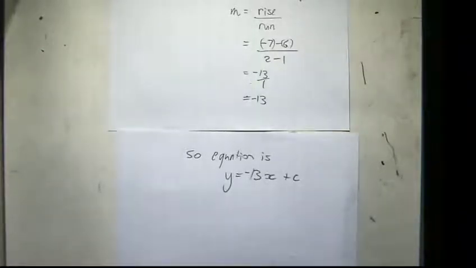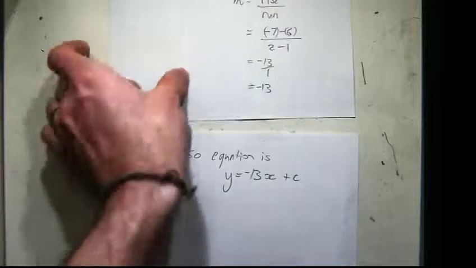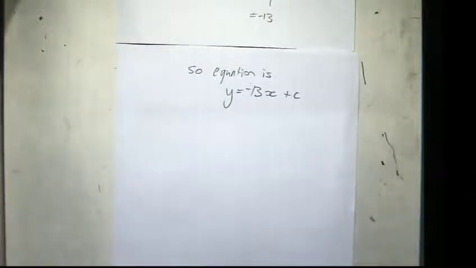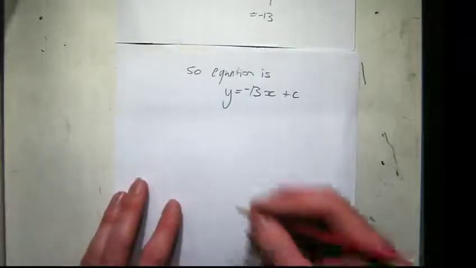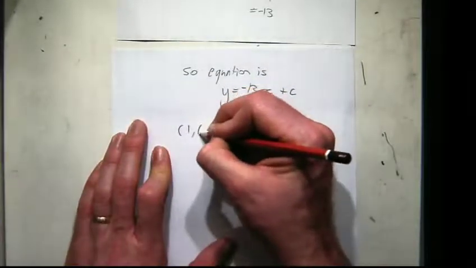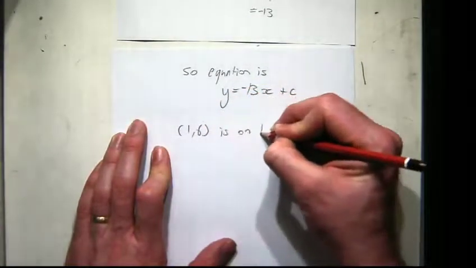It's the y-intercept. If we were very clever, we could try and figure out exactly where it crossed the y-axis. It's going to be up there somewhere. But we don't have to draw a picture to figure out what c is. We know that every point that's on the line has to satisfy the equation. So 1, 6 is on the line.